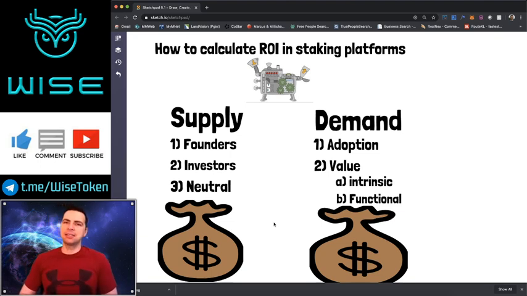So please understand that it's about supply and demand, and the ROI you make in staking platforms is 100% dependent on how the price of that token appreciates versus other money in the world, like the US dollar, and has very little to do with the actual amount of interest you're getting.